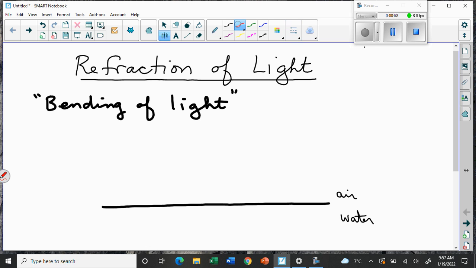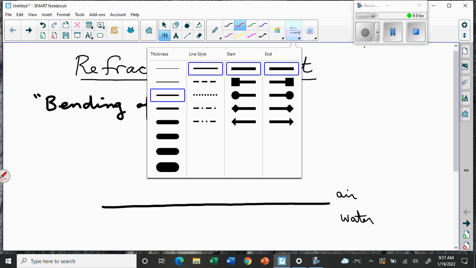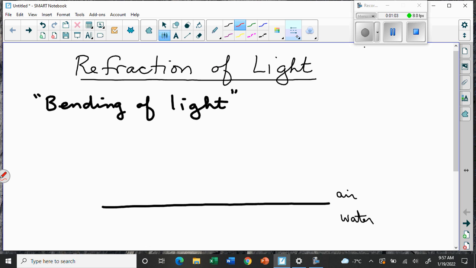And I'll use a different color. We have drawn pictures to show that if a light ray comes in like this and hits this boundary, the incident light ray, we've learned already that it reflects off this boundary, and it reflects in a way that if we draw the normal line here, the reflected ray will bounce off at exactly the same angle that it came in on, right?